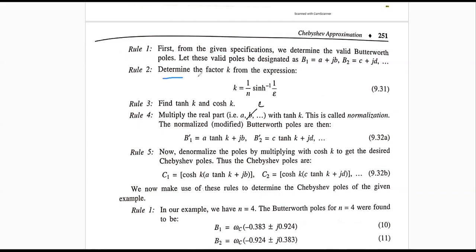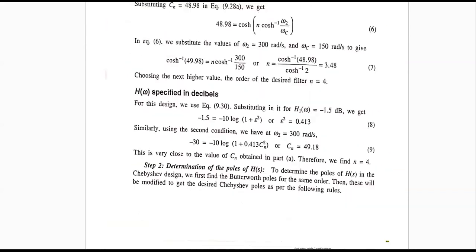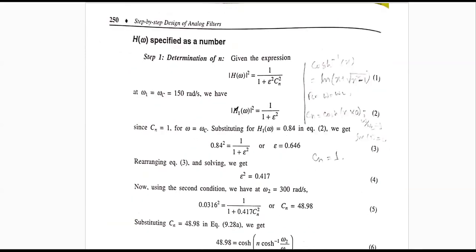Number 2, determine the factor k from the expression. We already know what epsilon is. Let me clear that one. Here you'll find this epsilon from the equation. Epsilon is known to you for the value Cn equal to 1.